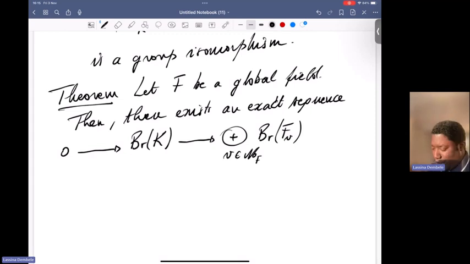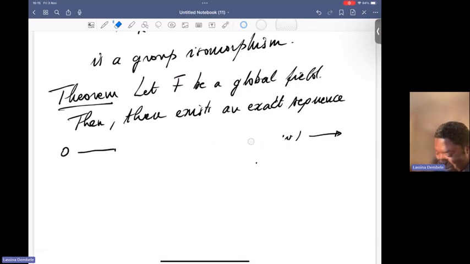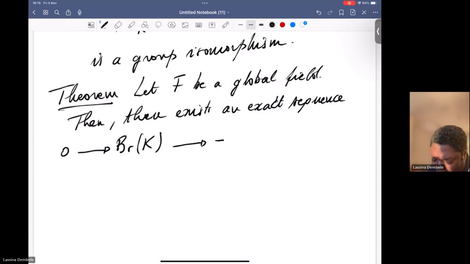Okay. And then, okay, let me, I'm running out of space. It's not that the thing is wrong, but I'm not very good at managing space. Okay, so the first map goes from the Brouwer group to the direct sum, over all the places of the base field F, of the Brouwer group of the local field at that place.